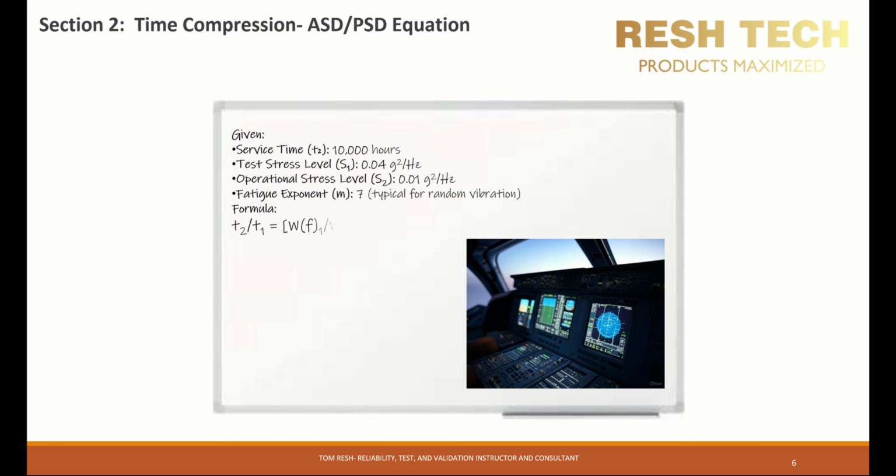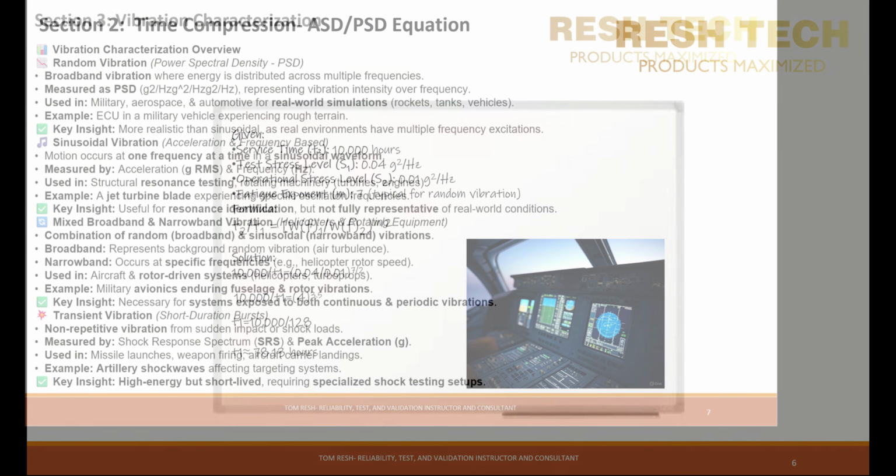And the formula is T2 over T1 equals WF1 over WF2 to the m over 2 power. Let's go ahead and solve this. Plugging in the values, we end up with a T1 value of 78.13 hours.